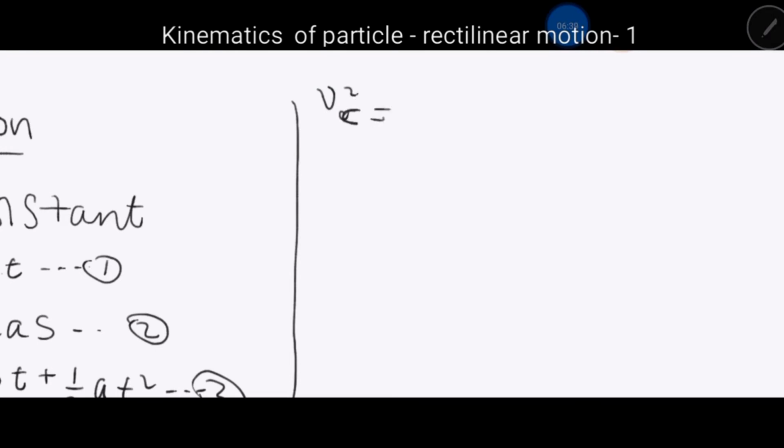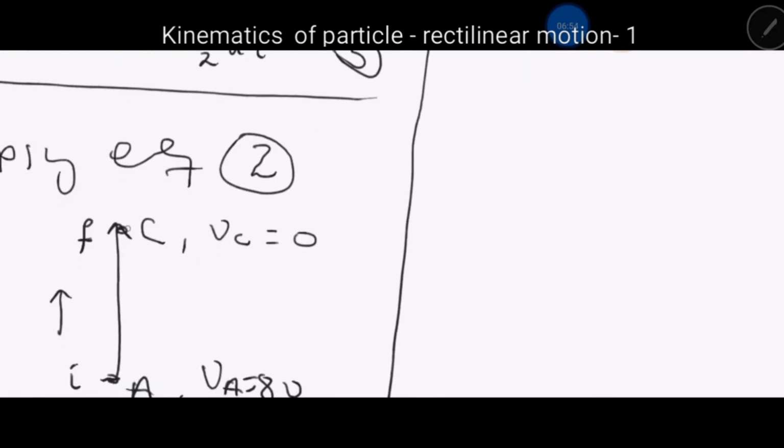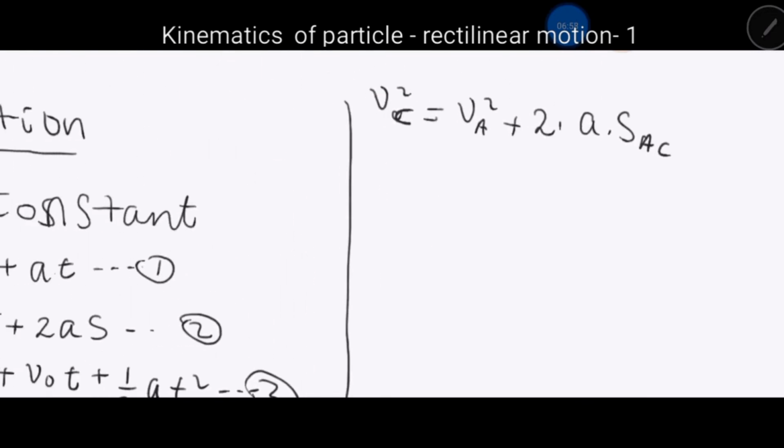So final velocity squared equals initial velocity squared plus 2as. In this case, the final velocity vC is 0, and the acceleration is equal to gravity, but since it opposes the motion, it will be negative g.